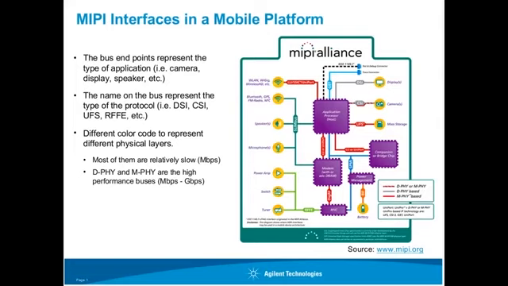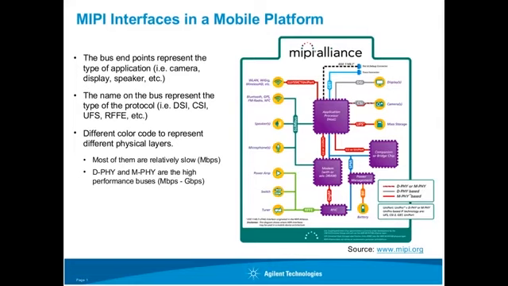MIPI Alliance is a standard body that promotes hardware and software standardization in mobile designs. The slide shows the different type of MIPI interfaces that are supported on the mobile platform. The core of the mobile platform consists of the application processor, modem, and RF IC chips. Connected to these chips are the different applications such as camera, display, speaker, microphones, and GPS systems.